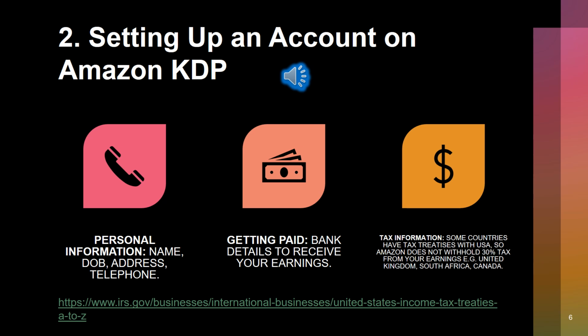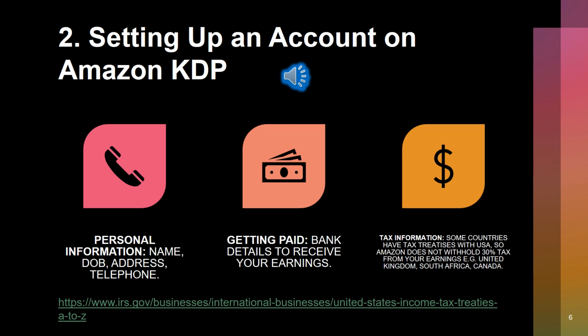All right. So after you've put in your personal information, your name, date of birth, address, telephone, and so on, you now need to put in your bank information in the part that says getting paid. Your bank details are for the bank where you want to receive your Amazon earnings. The way Amazon KDP does it is that for any given month, all the sales made in that month are calculated and paid to you after 60 days.